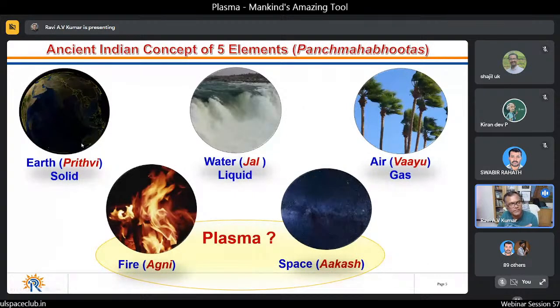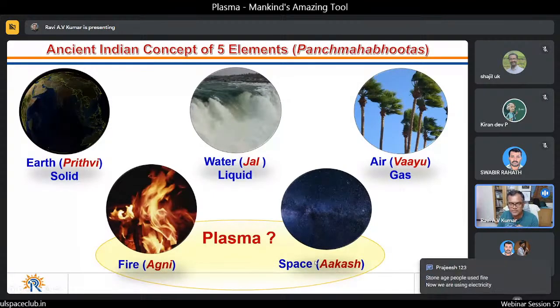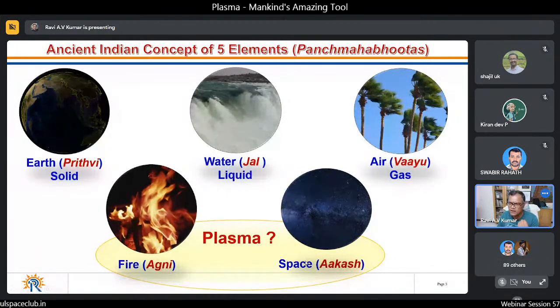You can easily identify Prithvi with solid, Jal with liquid, air with gas. But the fourth and fifth ones, Agni, that is fire, and Akash, that is space, these two combined we today term as plasma.